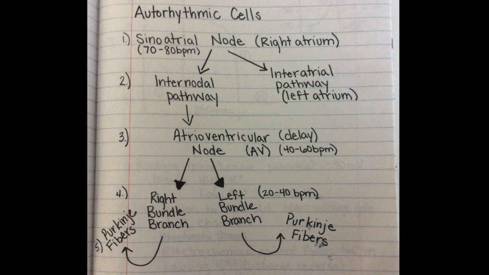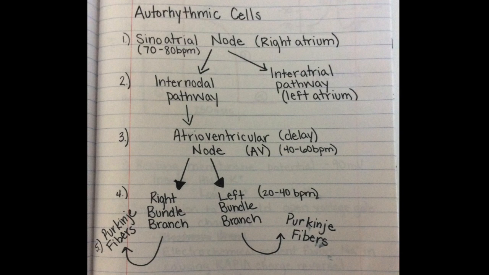The contraction of the heart begins in the sinoatrial node. This is located in the right atrium. From the sinoatrial node, the impulse from the action potential quickly spreads to both the internodal pathway and the intraatrial pathway. The intraatrial pathway allows the generation of action potentials in the left atrium.